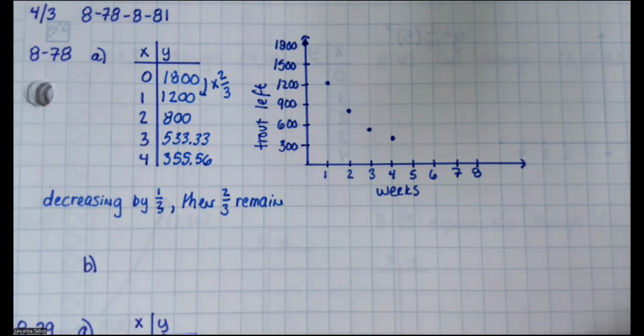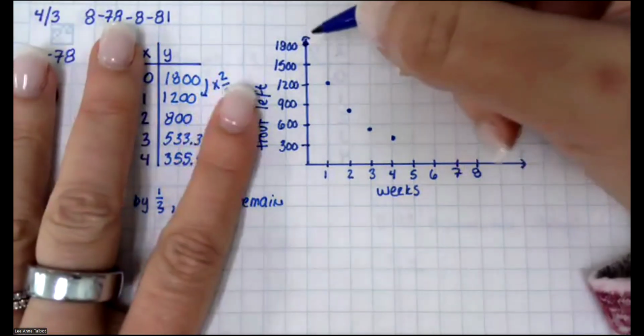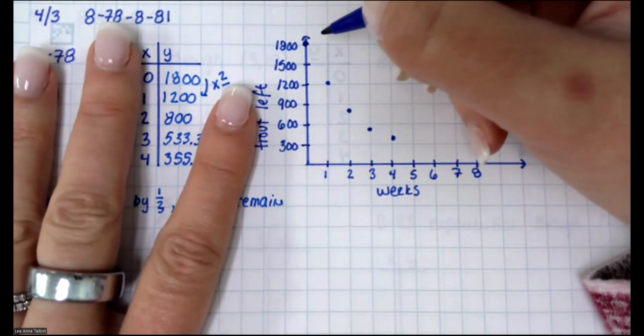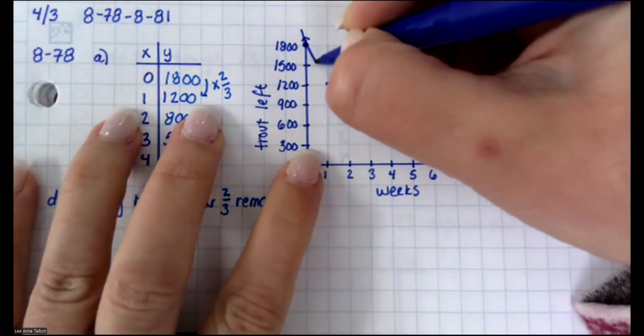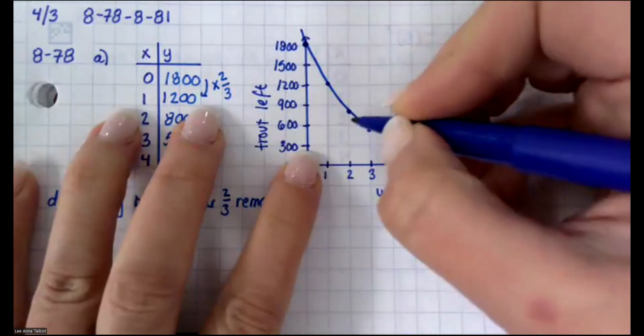And then what do we know is gonna happen here with the shape of this? It's gonna be a curve, perfect. Okay, and what's gonna happen with the curve? Beautiful. It's gonna go right above the x-axis, but don't touch it.